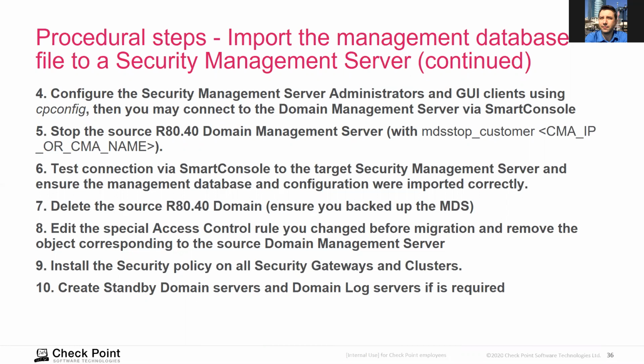If we don't need it, of course, we're going to delete the source R80.40 domain because we already migrated it, so we don't want to have any conflicts. And if you have an access control rule where you have the old IP, you may be able to edit it now and delete the old IP of the CMA. Of course, install the security policy, and if you have standby domain servers and outside log servers, because it's a security management server, you can do that.